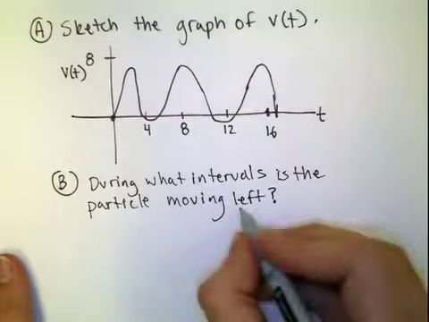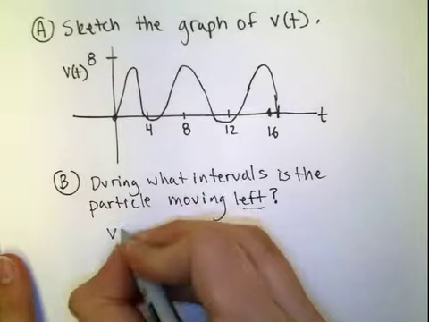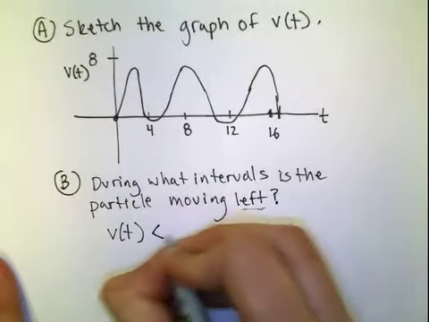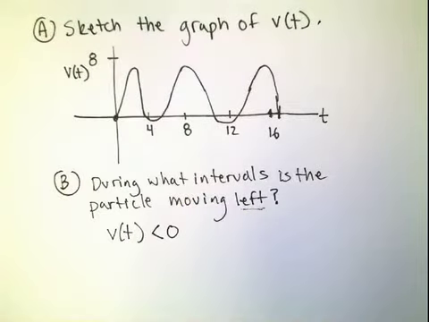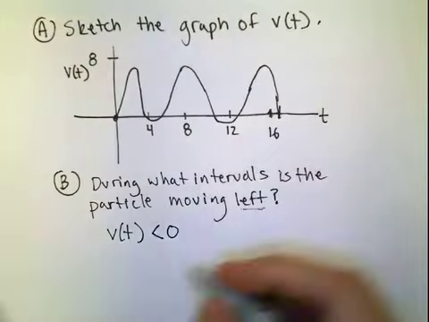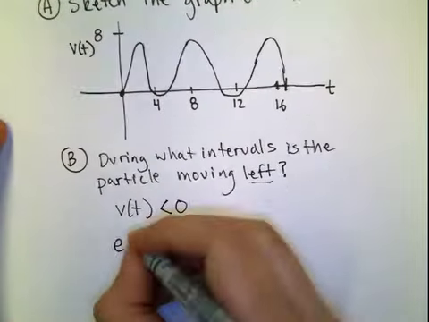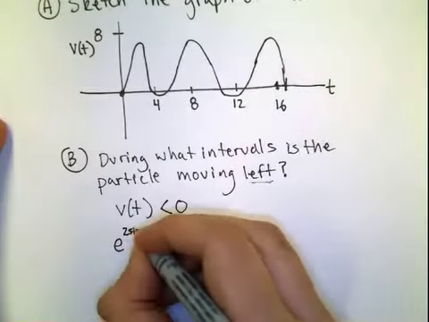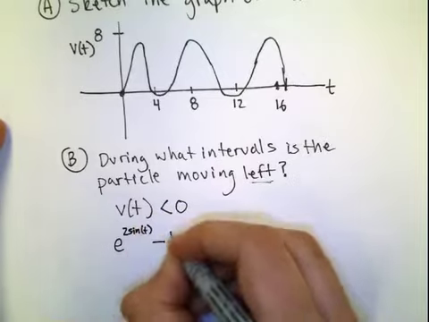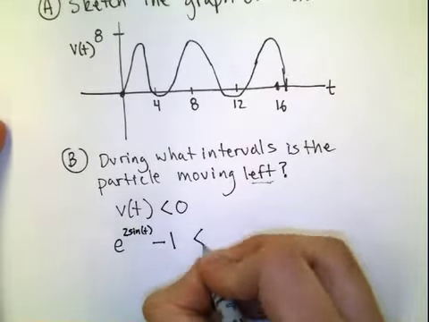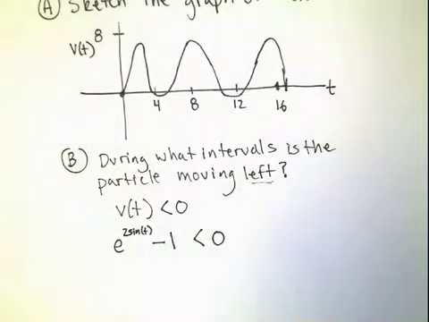So the second I read this, I'm thinking left means velocity is less than 0. It's negative. And I have an equation for velocity. It's e to the 2 sine of t, minus 1. And I want to know when it's less than 0. So to figure this out, I'm going to solve.